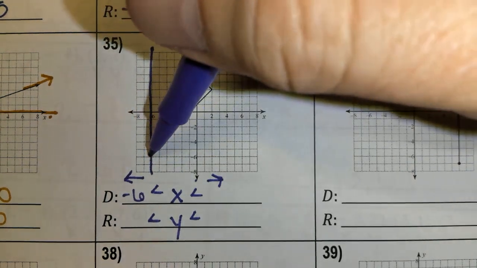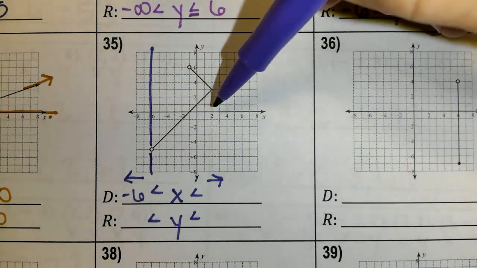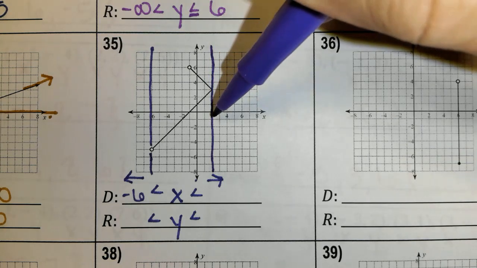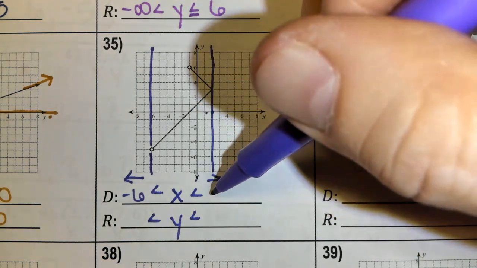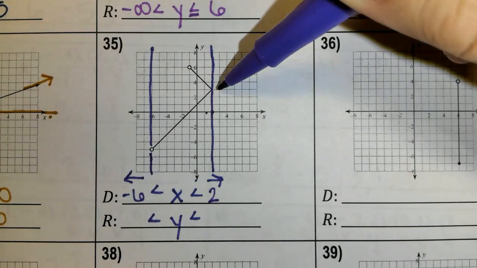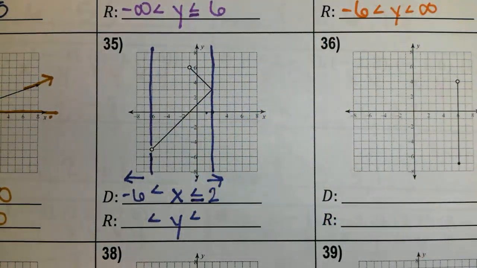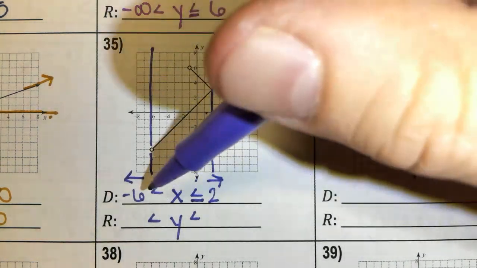Okay, so that's the left part of the graph. Now I want to go all the way to the right, and notice my furthest right is right here, and that is 2. Now this one does not have an open circle, or it's not infinity, so I have to underline it. Also, lines get underlined. All right, so that's left to right.